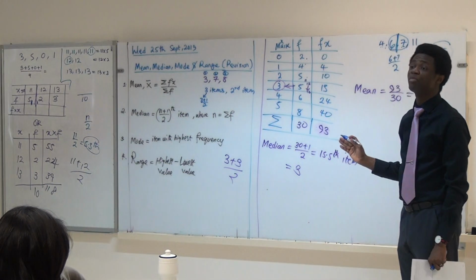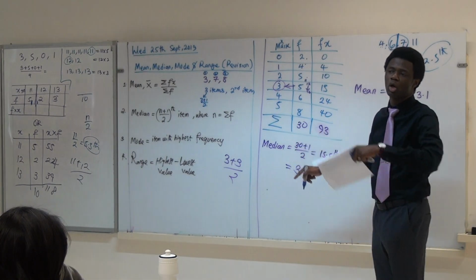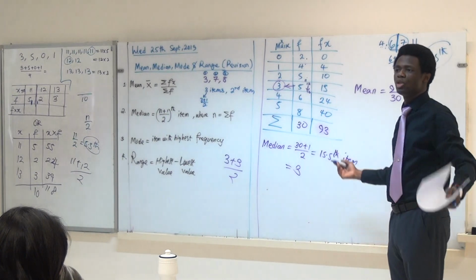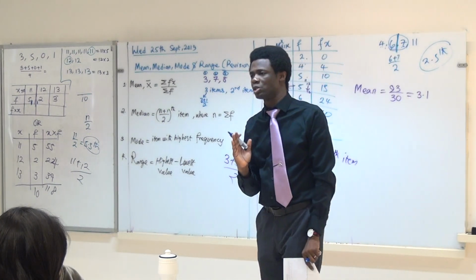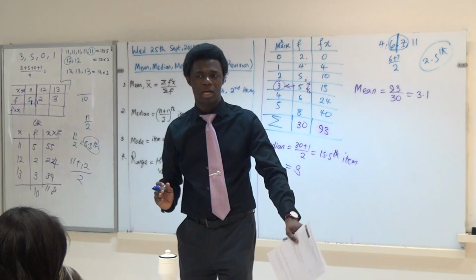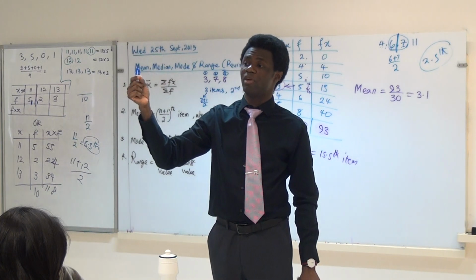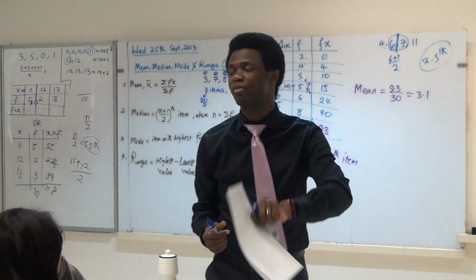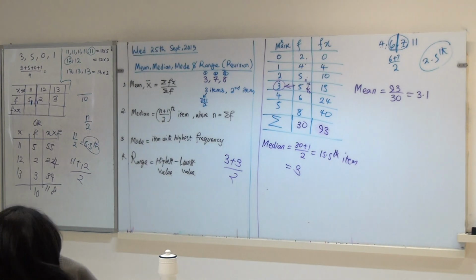Your position cannot be 15. If you divide 30 by 2 and you get 15, and you conclude that 15 is the position of your median, that is wrong. Let's say you guys are 6. If I go by 6 divided by 2 and I pick 3, so if I start from here, 1, 2, 3, and I said this is the median position, look at my right.